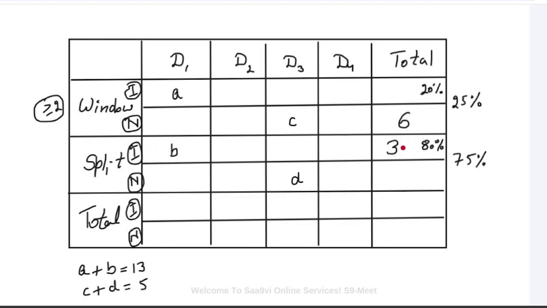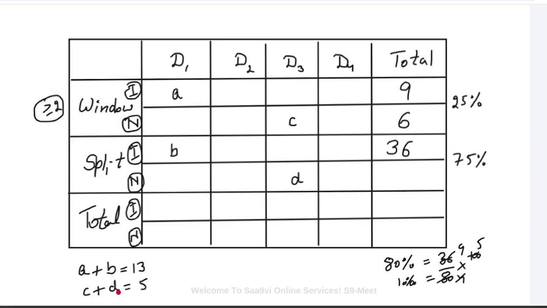Now, this 36 is equal to 80%. That means 1% is equal to 36 upon 80, and 100% is going to be total 45. So with this 45, 20% has to be equal to 9. So this information which they have given, we have used it because every information will get used.